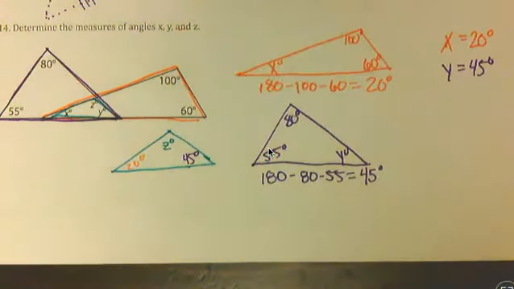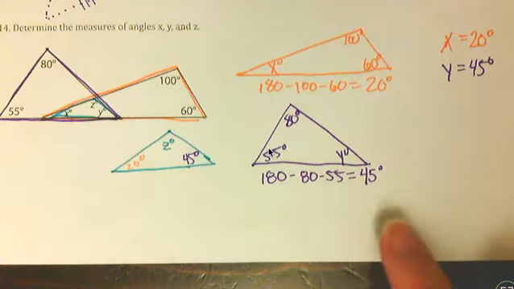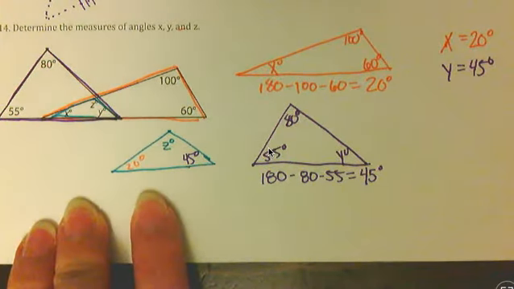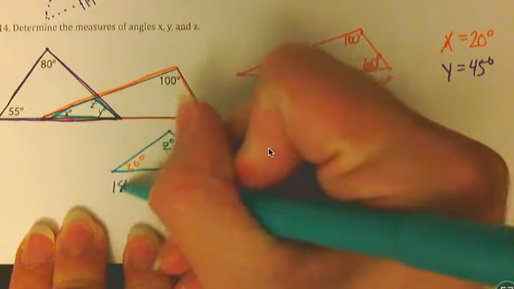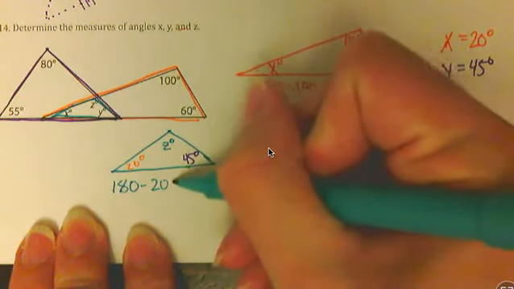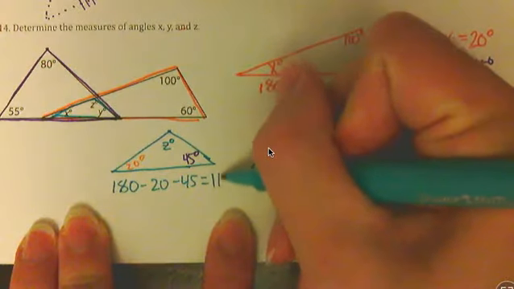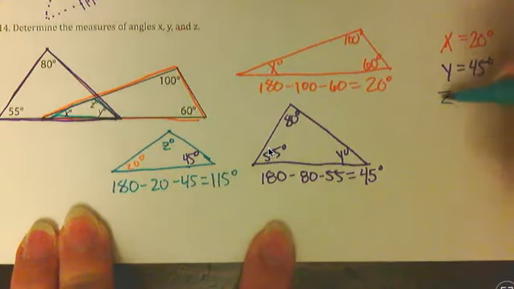This is where X was if you look at the picture above, and we pulled out this blue triangle and put it down here. So you're doing the same steps: take 180 degrees, subtract 20, subtract 45, and you're going to get the measure of Z. So Z is going to be 115 degrees.